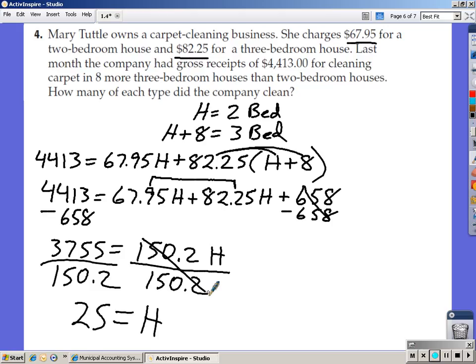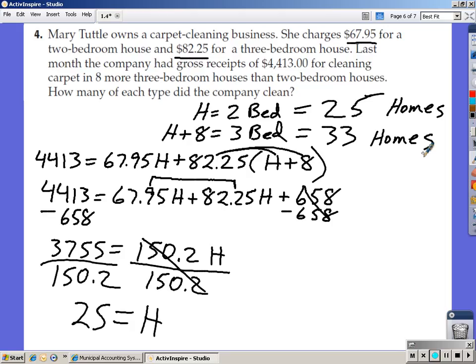Okay, so Mary Tuttle cleaned 25 2-bedroom homes and they cleaned 25 plus 8 is 33 three-bedroom homes. Okay?